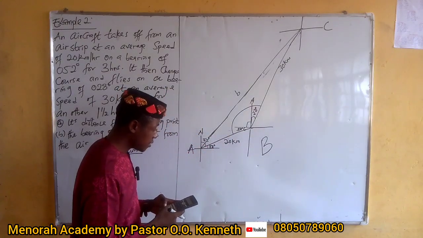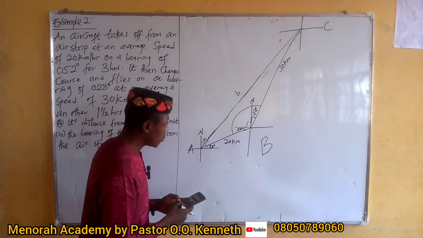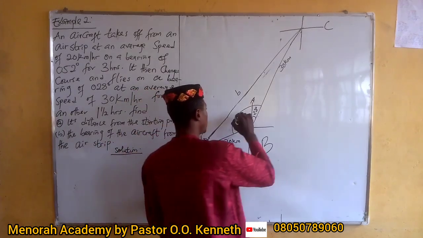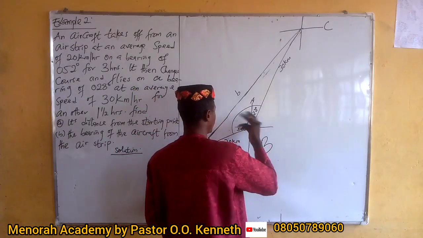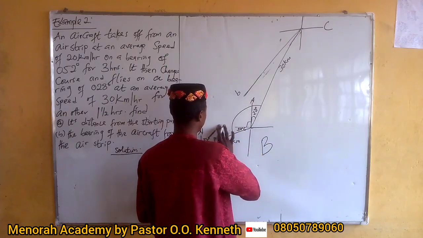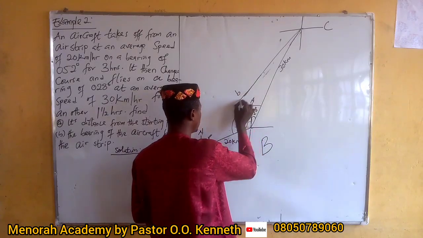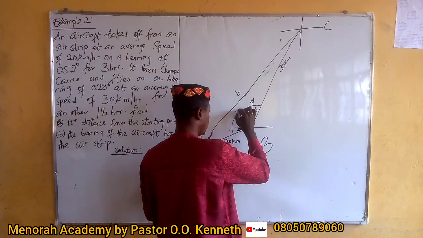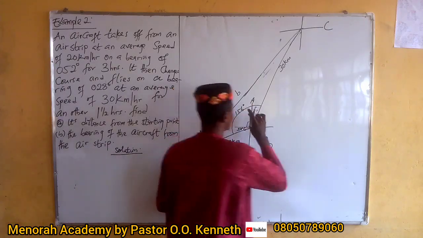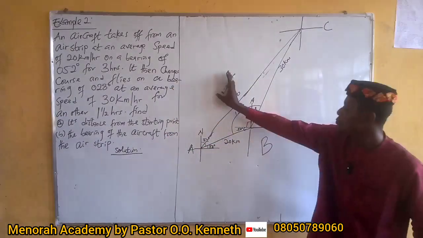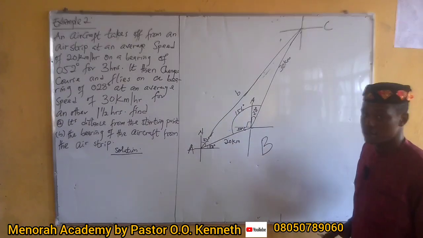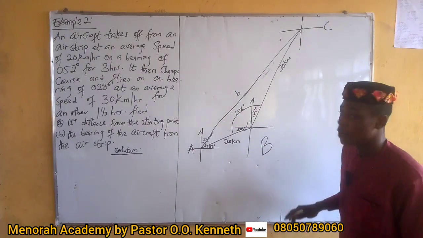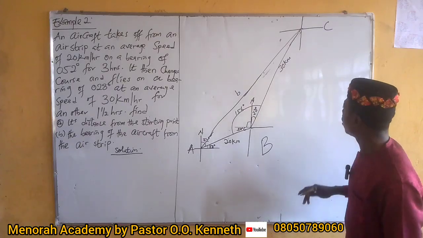This angle may be very big, but don't worry, it is still part of it. So here will be 156 degrees. This angle that is facing B now is 156 degrees. If it is 156 degrees, then we can now use our cosine rule to find our B.